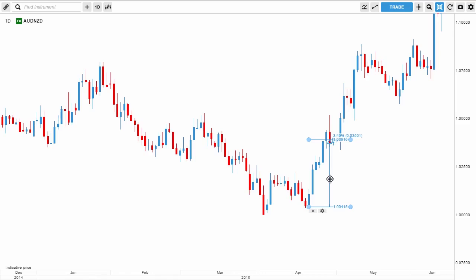And then we should at least expect a move to be as large as the Kifu itself. Very rarely do we get the emergence of a Kifu that breaks a wave structure that is supporting context and doesn't produce a move of equal size.